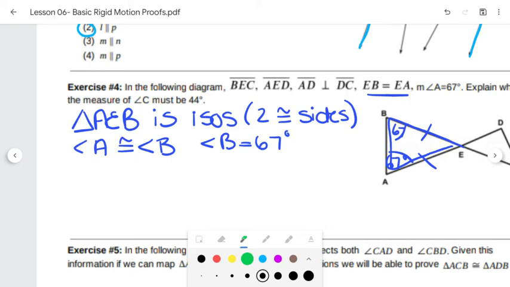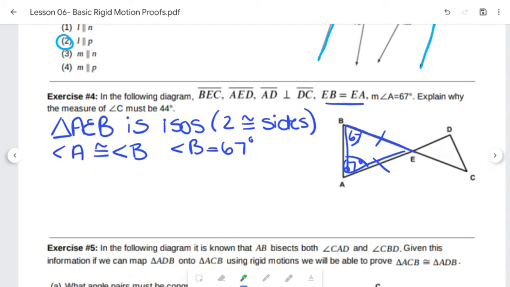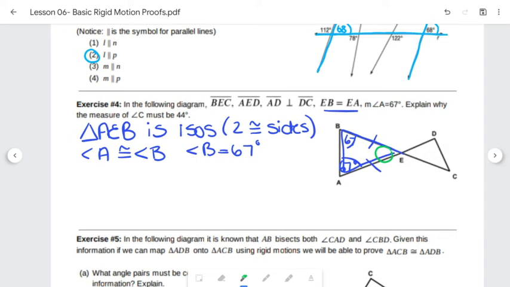From there, I know that this angle has to be whatever would add up to 180 degrees. So I could take a minute and just say 67 plus 67 equals 134. And then we have 180, subtract 134. So we're looking at 46 degrees.